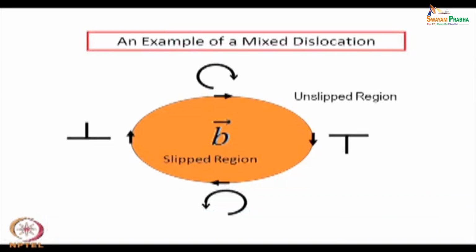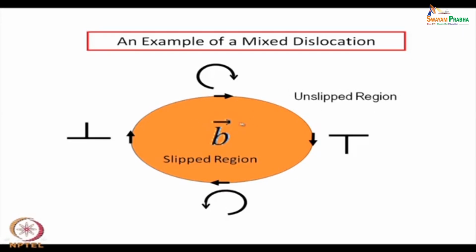We will see this example of a mixed dislocation. Instead of a straight line, we have a circular or elliptical line. The middle portion is a slipped region and this is the unslipped region, or it may be vice versa depending on where the stress is.